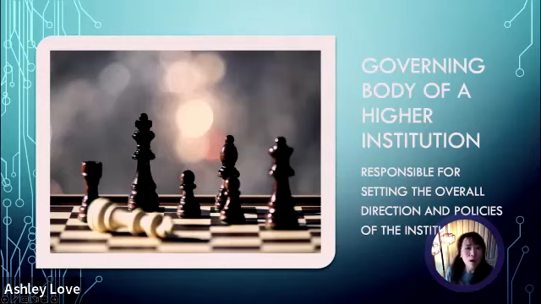The Board of Trustees also approves the budget and major finances, and appoints and evaluates the institutional president or chancellor. So if they're not doing a great job, the Board of Trustees has the ability to put the president or chancellor on notice, and also is able to actually fire them as well. You want to ensure institutional compliance with legal and regulatory requirements.